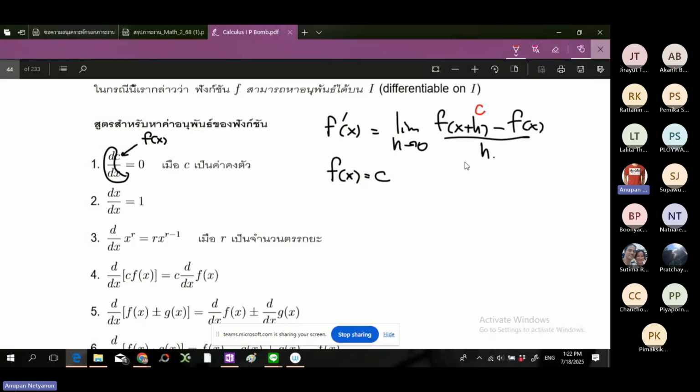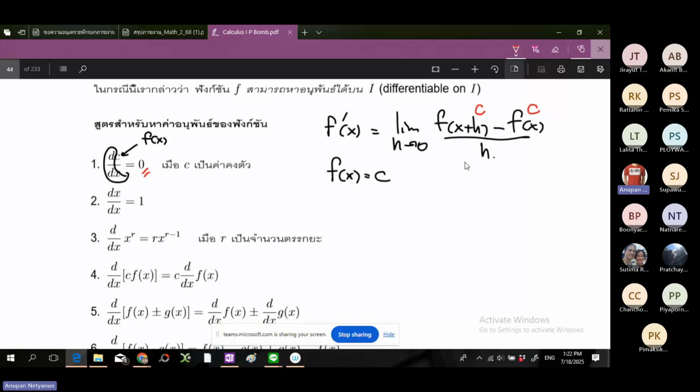And your f of x is already c, so you have c minus c becomes 0, and then 0 divided by h is 0. The limit of 0, which is a constant, is 0. See, you get this, 0. So the result of this is coming from this definition.